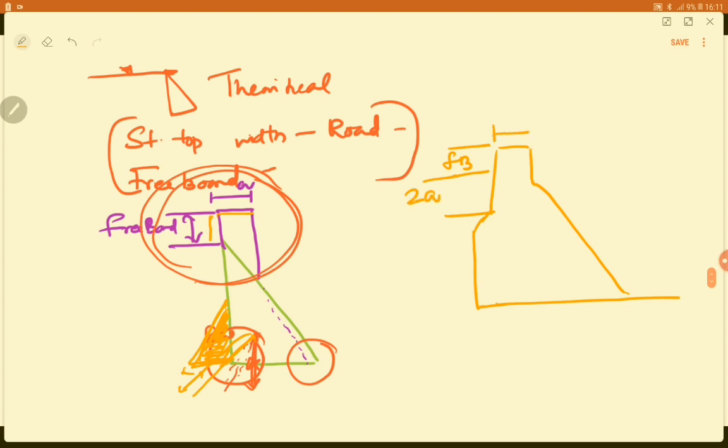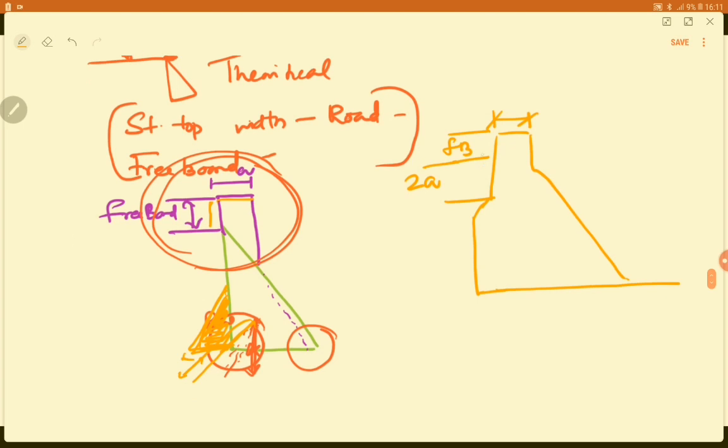This is a, this is 2a root of S minus S, and this will be equal to 3a root of S minus S. This is the total height of the dam. This is the complete practical profile.